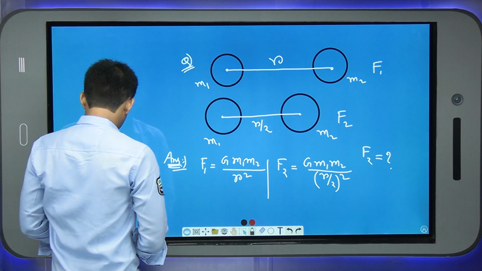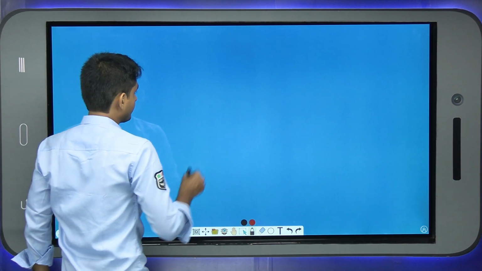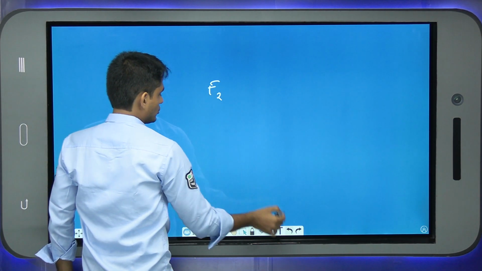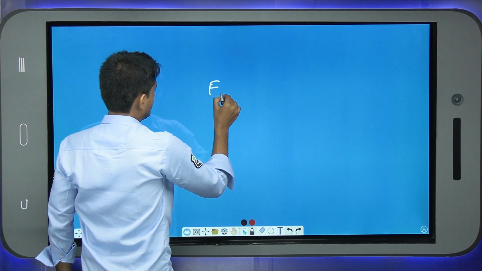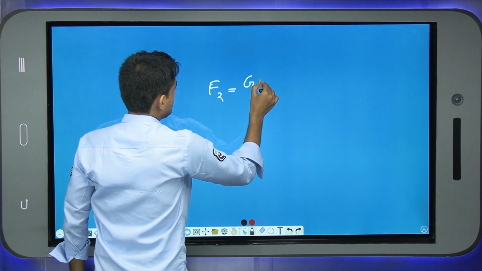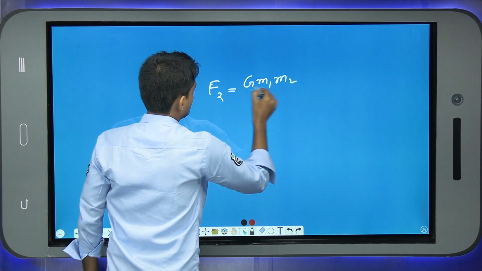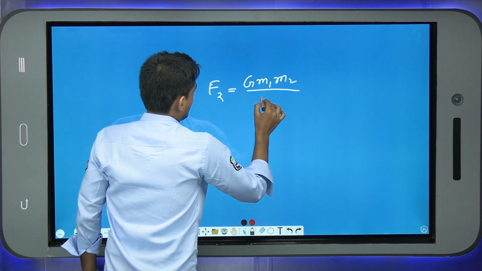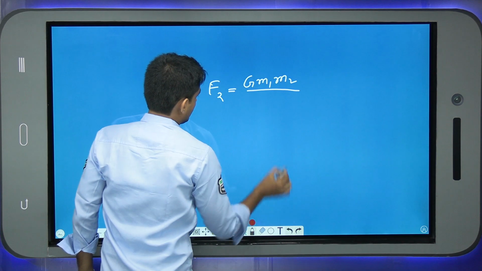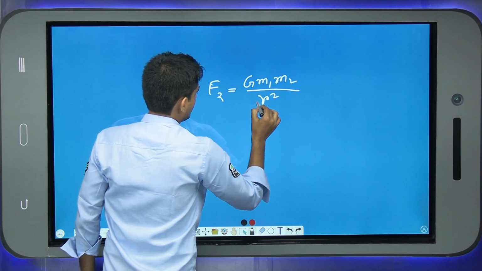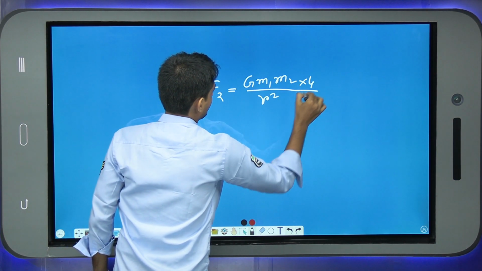So F2 equal to G m1 m2 by r square into 4.